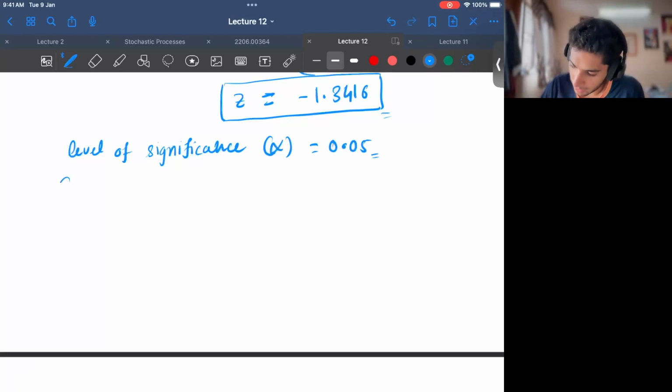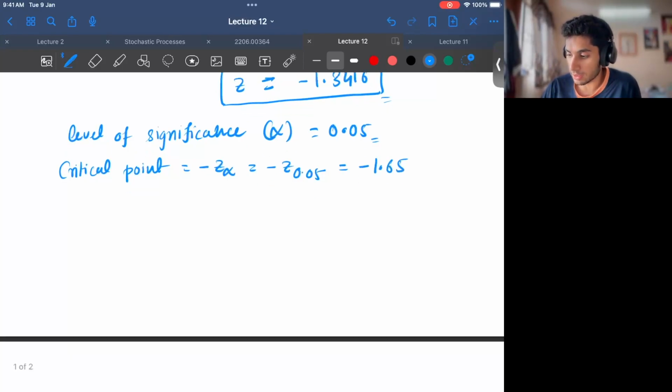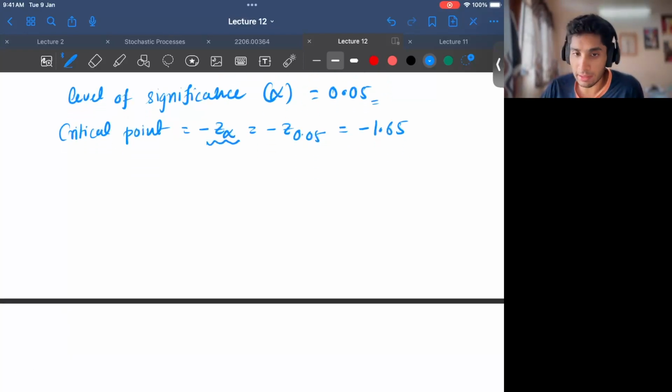So in that case, the critical point is just equal to minus z alpha, where z is your standard normal variable, and this will become minus z 0.05, right? Which, if you use your table, comes out to be minus 1.65. What is z alpha?